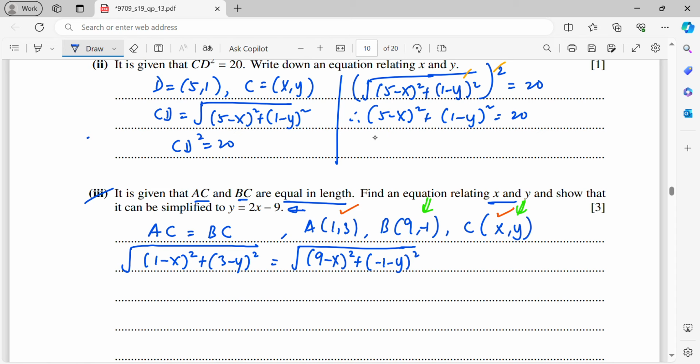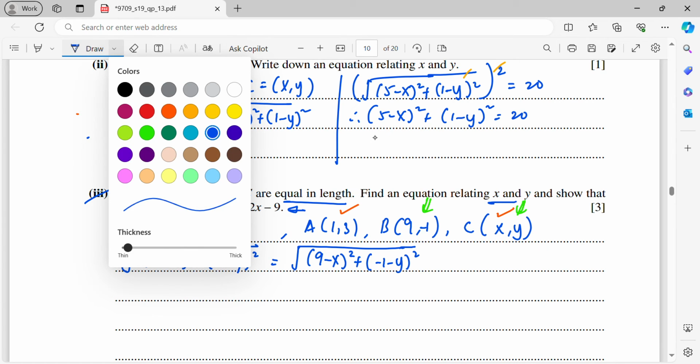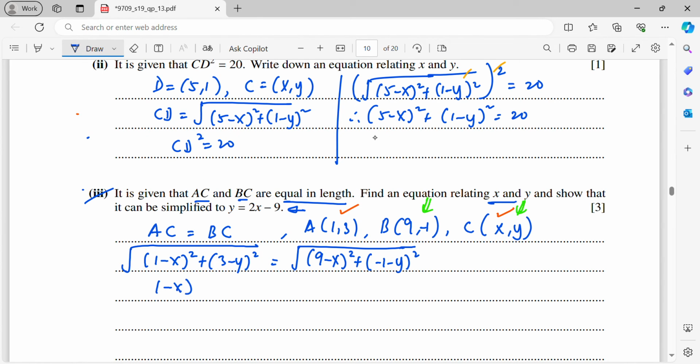Since they are the same, you can just cancel off the square root. So I will be getting (1 minus x) squared plus (3 minus y) squared equals (9 minus x) squared plus (minus 1 minus y) squared. That is the equation.